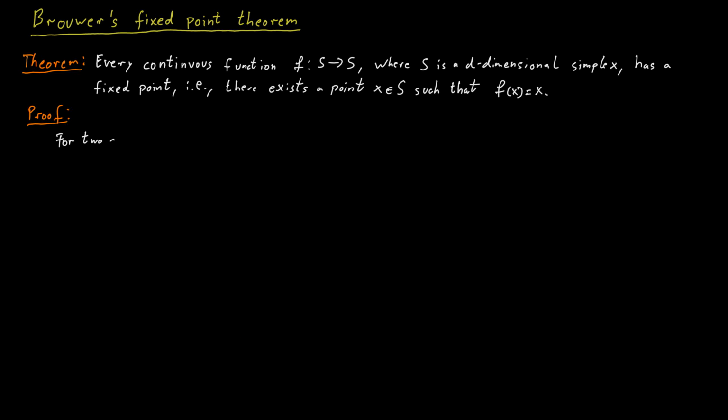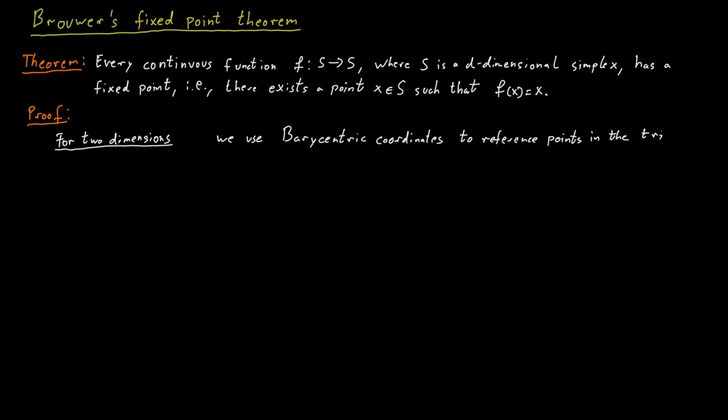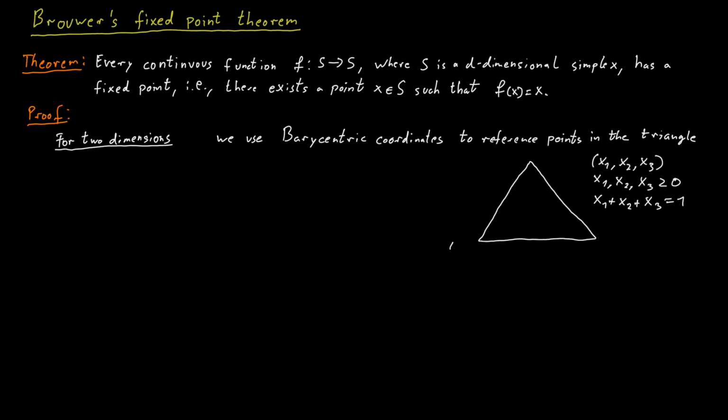Okay, so for the proof for 2 dimensions, first of all, we refer to the points in the triangle with barycentric coordinates. So a point is specified by 3 numbers, x1, x2, and x3. All of those are non-negative, and they must sum up to 1. And then the 3 corners of the triangle correspond to the coordinates 1, 0, 0, and 0, 1, 0, and 0, 0, 1.